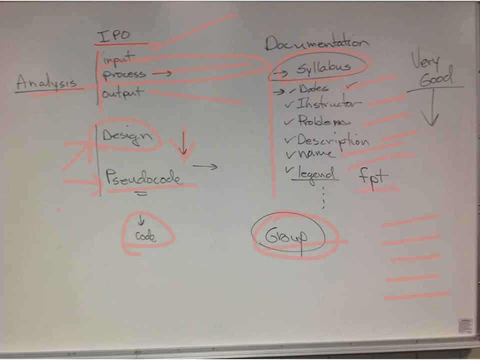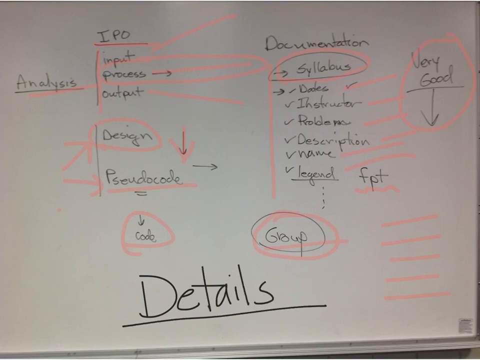I gave an example of variables that aren't very clear. We got a good start. We just need now to worry more as we go along about details. And that's it.